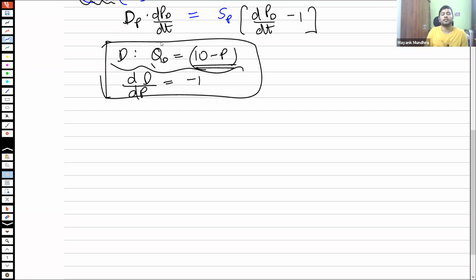Forget about this thing. Now dPd by dt is something I am interested in. So what I get is dP into dPd by dt is equal to SP into dPd by dt minus SP.